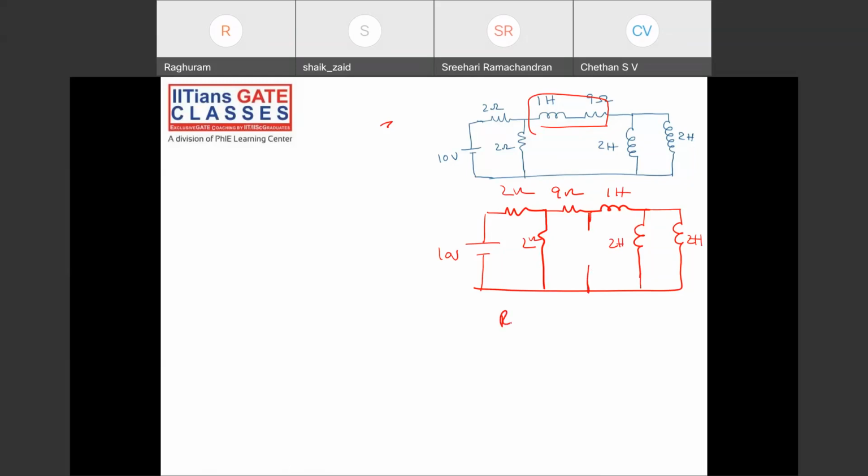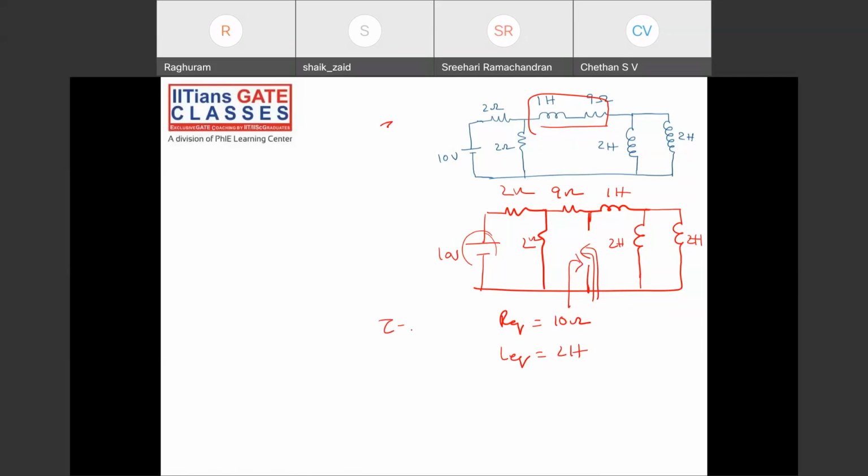Okay, R equivalent, as seen from these 2 points. Short this voltage source. You'll get 2 and 2 in parallel is 1, 1 and 9 in series is 10 ohms. Clear? As seen here, what is L equivalent? 2 Henries and 2 Henries parallel is 1. 1 and 1 series is 2 Henries.